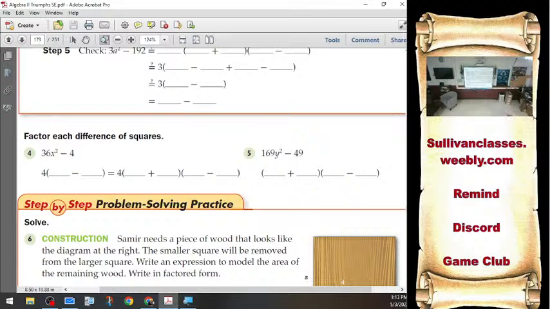So 3x, 3x. What's the square root of 1? So that's it. That's the answer. Okay. You got to look up your perfect squares, and if you can take something out beforehand, you have to do that first.